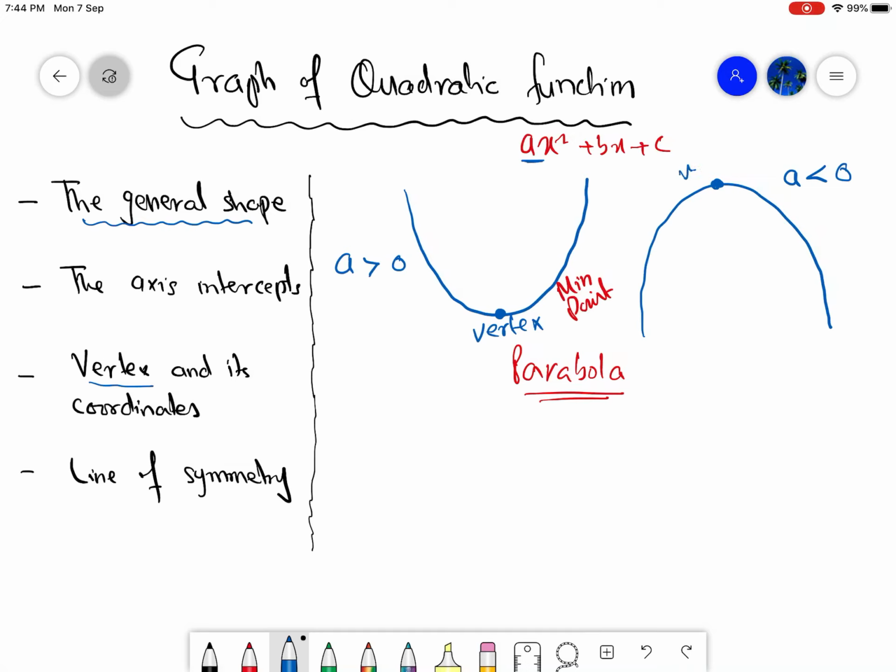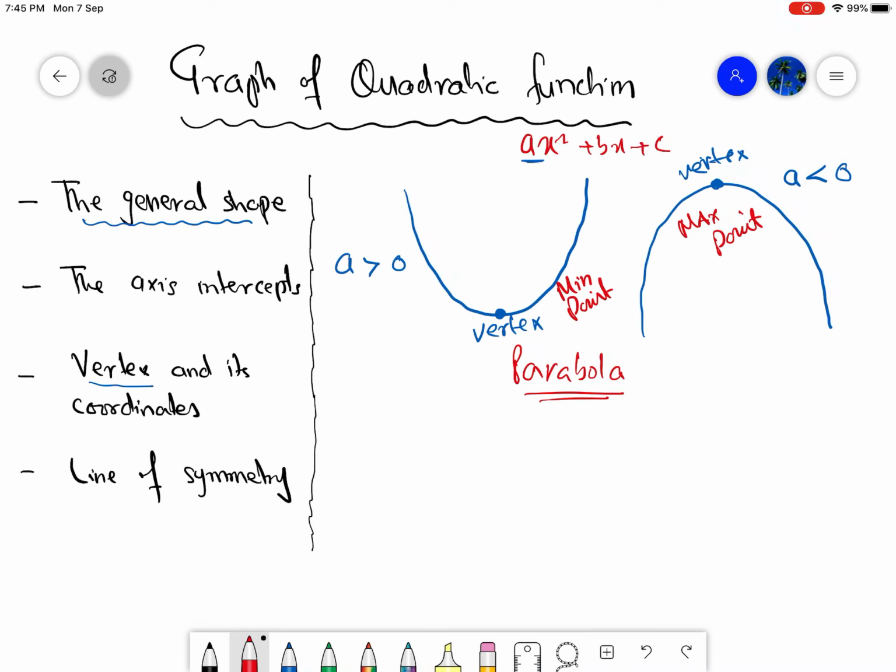In that case, the vertex is the maximum point of this parabola. So there is a concept of minimum and maximum. If the coefficient of x squared is positive, then the vertex will be at a minimum, and if the coefficient of x squared is negative, then the vertex of the quadratic curve is at its maximum. Okay?